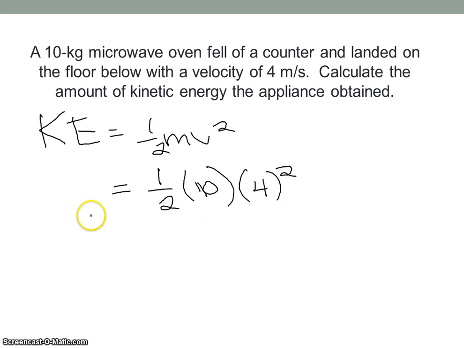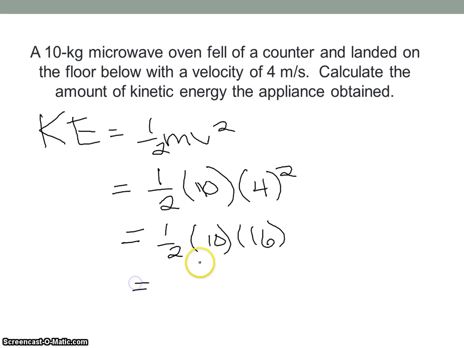So you set it on the edge, and va-vam, it fell off. Now we said before that the squared here only applies to the velocity. So that's 1/2 times 10 times 16. Only the velocity gets squared. And when we do that, 16 times 10 is 160, and half of that is 80. So that microwave oven had 80 joules of kinetic energy.